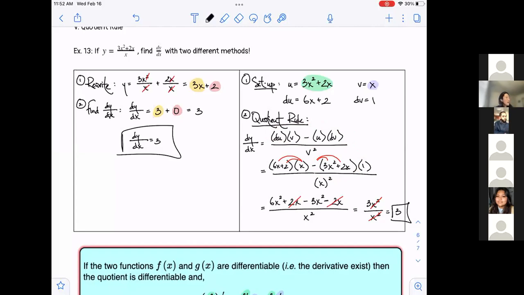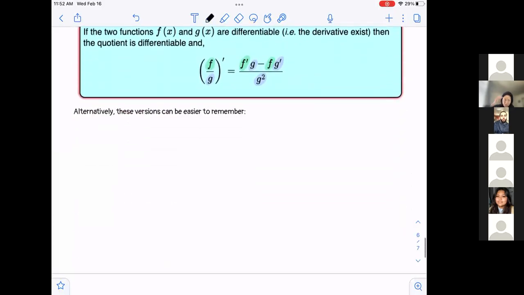I think the last thing that I want to say here, all right. So I know that there's a lot of memorizing in terms of formulas. We learned the product rule, we learned so many rules today, and now we're learning the quotient rule.